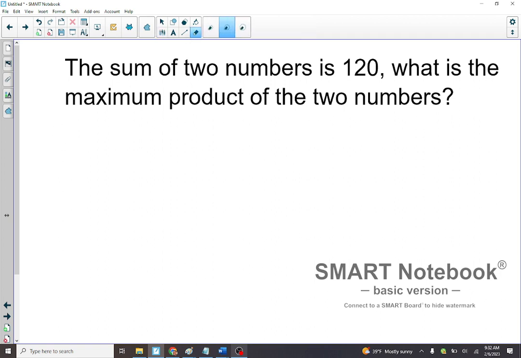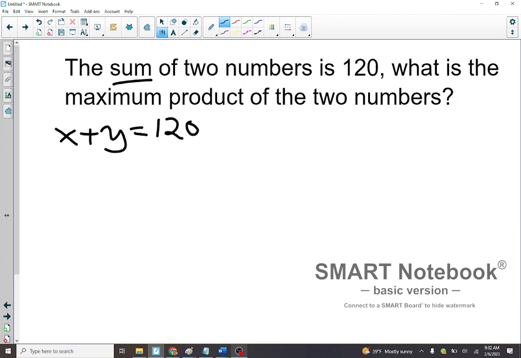The first equation I need to set up is the sum, so I know that's addition, is 120. So x plus y equals 120. The second thing I need to know is the maximized product of the two numbers. So x times y equals some product. I'll use capital P for that. So x plus y equals 120. X times y equals the product.